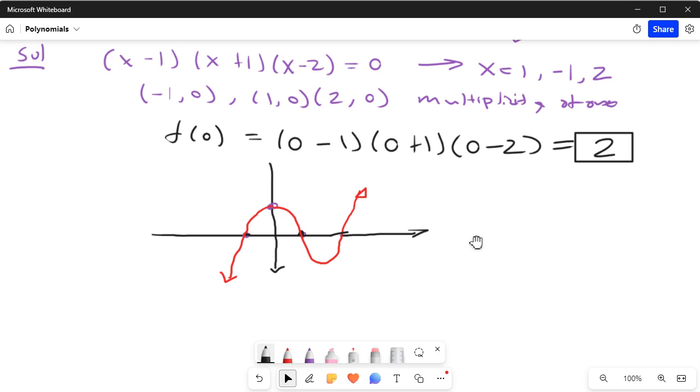But the problem with that is that the polynomial would need to be in its factored form.